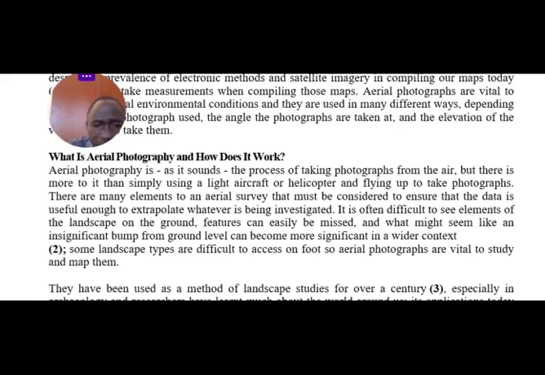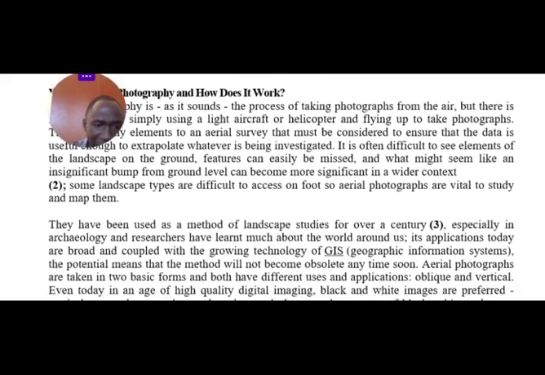Then some landscape types are difficult to assess on foot. True. So when you are taking these photographs, they may be difficult for you. Landscape photographs may be hard for you to obtain because you'll need to traverse the area. So the major thing you do here is simple. You hire a helicopter or a drone to capture the images or photos above the sky, even where you cannot reach. So that's how it works.